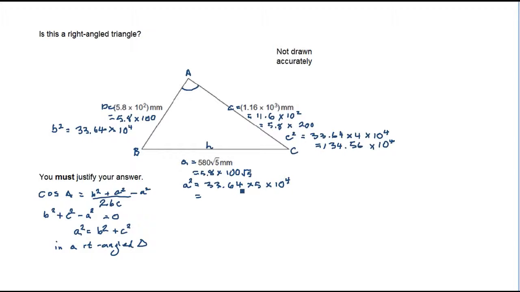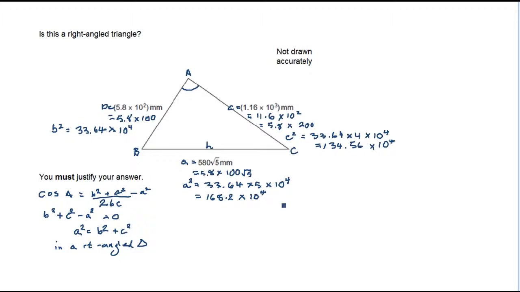Okay, now 33.64 times 5 is the same as 33.64 times 10 divided by 2. An interesting way of thinking about it. So what have I got? Where's my calculator? There we go. I've now got 168.2. Which again, if I think of that, 35, yeah, 5 times that is going to be around 168, so that's good.